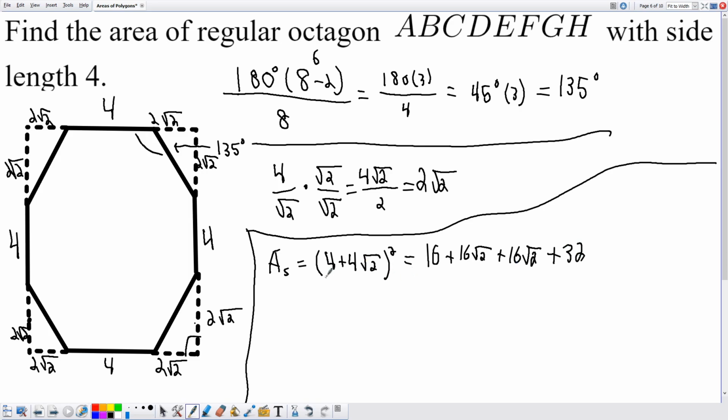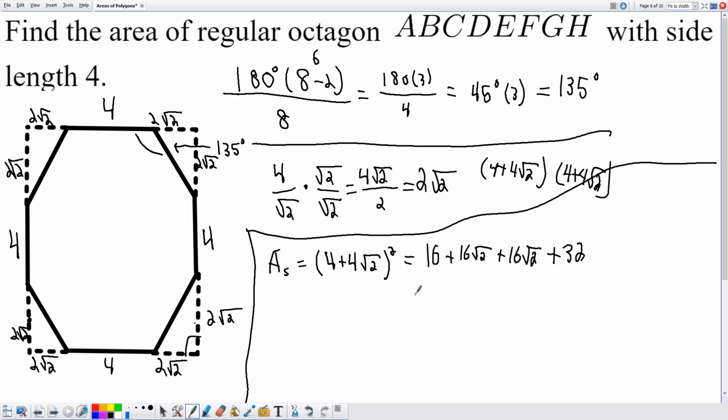Just multiplying that out, you would have to write it like this, to kind of see what I'm doing. Hopefully we remember this from Algebra 1, but if you don't, that's okay.